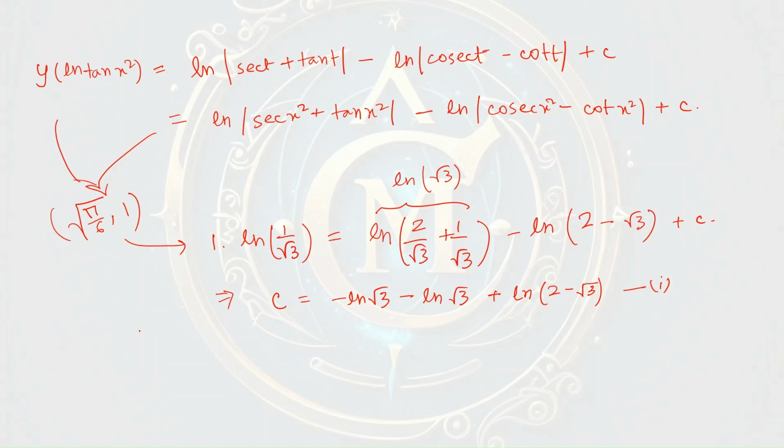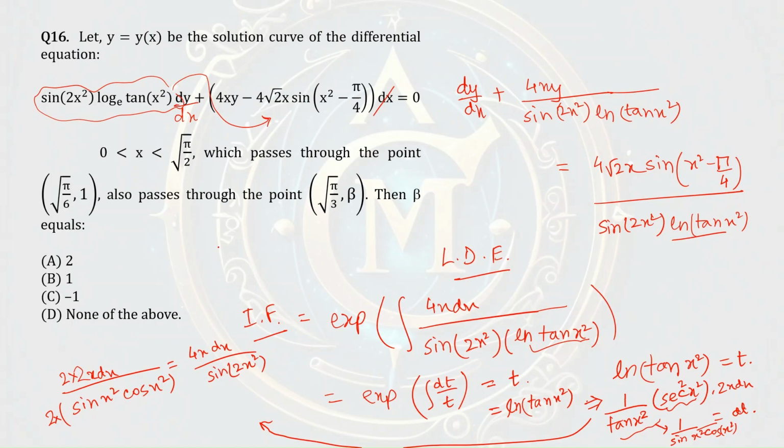Now we have to again consider the case that it passes through the point root of pi by 3 comma beta.